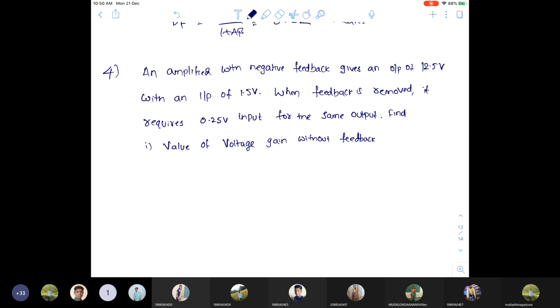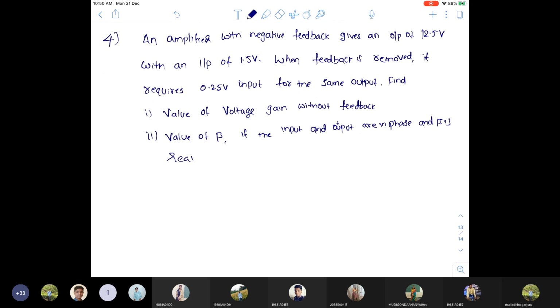The input and output are in phase and beta is real. So this is the formula, fourth problem.